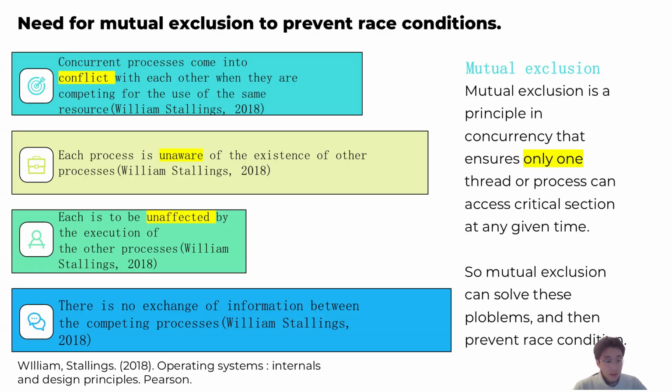There is no exchange of information between the competing processes. So mutual exclusion is needed for preventing race conditions, because it ensures only one process can access the critical section at any given time.